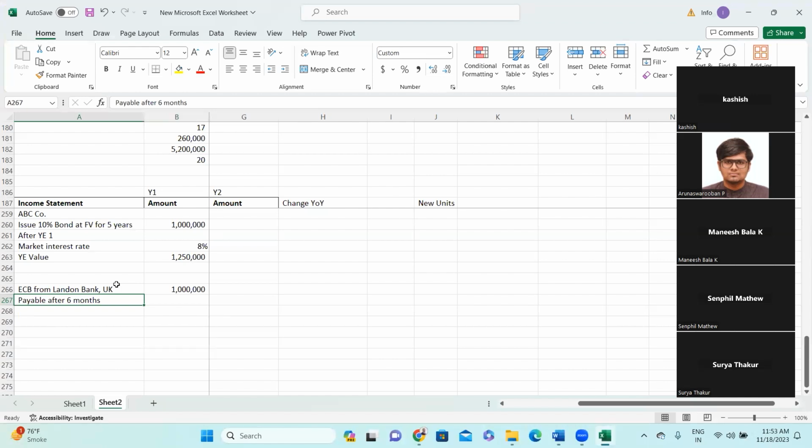So you have taken an external commercial borrowing from a London Bank, UK, of $1 million, which is payable after 6 months, in euro.